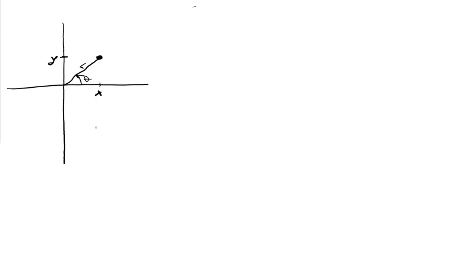So I can describe where this point is sitting in the plane by looking at the angle that the line segment from 0 to the point makes with the x-axis and the length of the line segment.